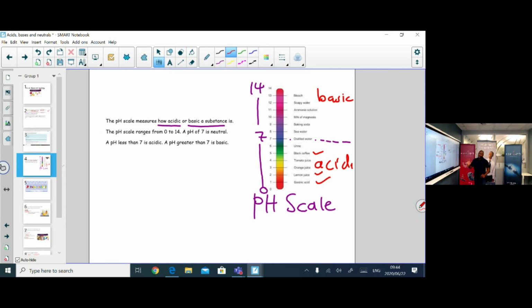So next time, I'll organize another practical for you where we should use our litmus paper, dip it, and I'll just show the color. You should tell me roughly, is it an acid or is it a base?